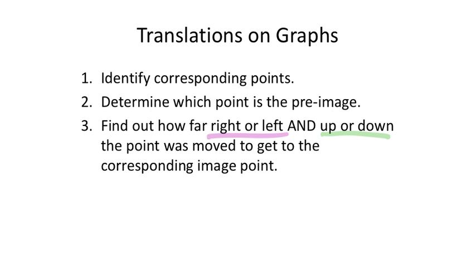Because again, we can't say mathematically that we're going to move things diagonally, or at least if we did, it would really complicate things. So right and left, at least since we're looking at this usually on graphs, that would be for our x-axis, which is left and right. And then up or down, you can kind of look at the y-axis.